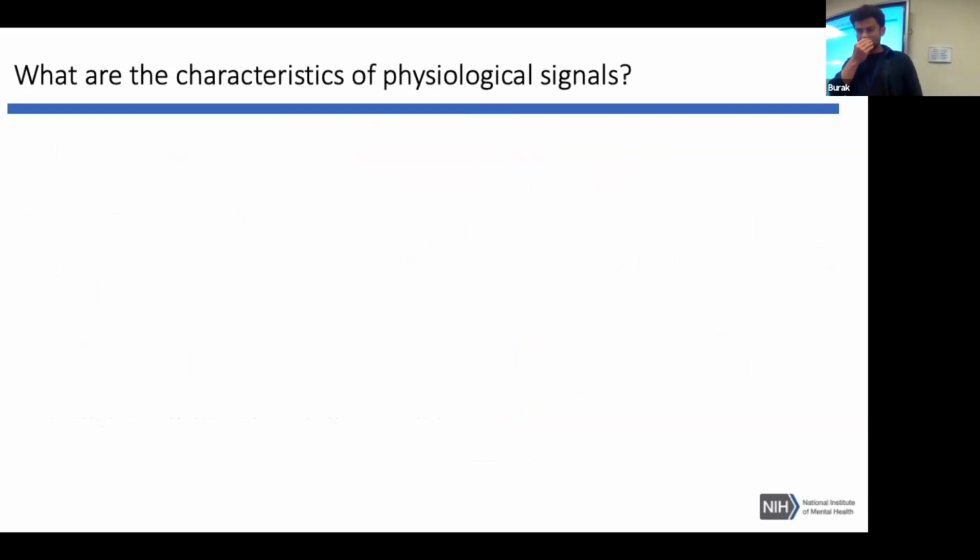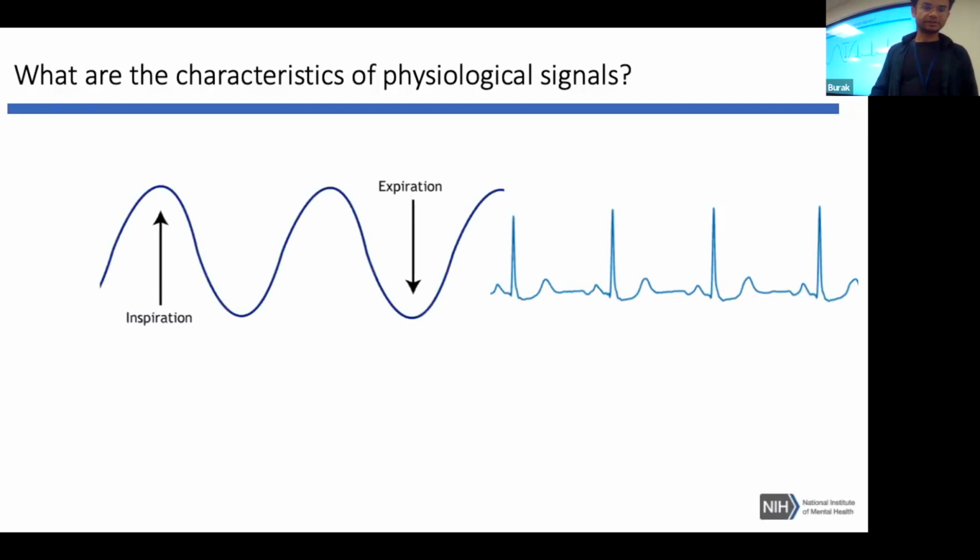To move along, what are the characteristics of physiological signals? I think I will show you two. If you want to guess, you can go ahead and tell. For example, I'll show two signals, respiration and cardiac signal.